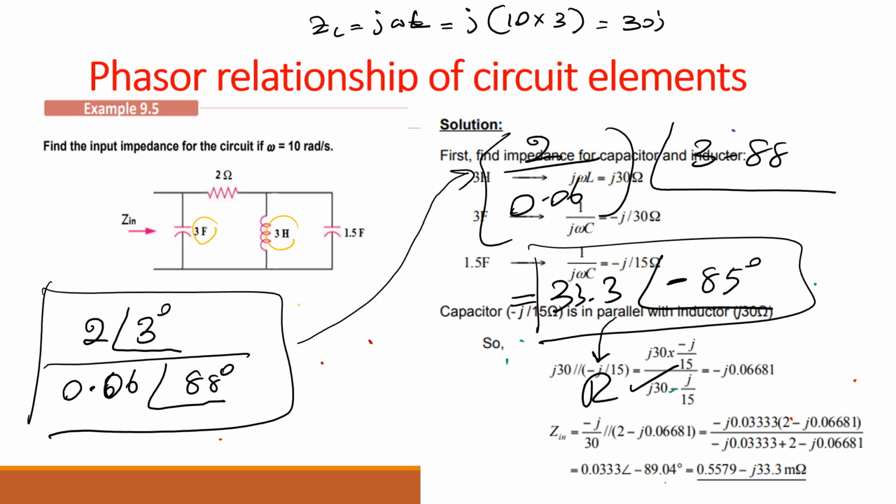Yes, whatever we found is 89. Where did we go wrong? The angle is 3 to 30 negative. Which R was wrong?